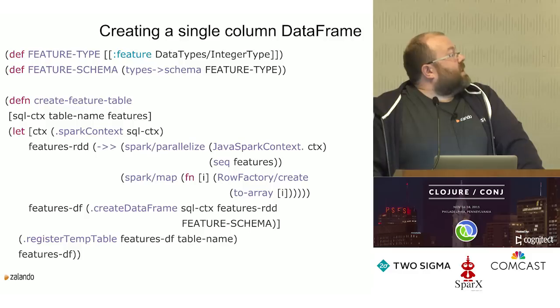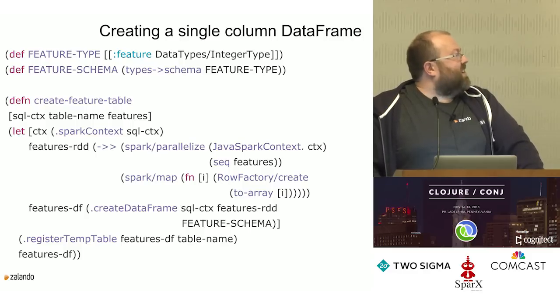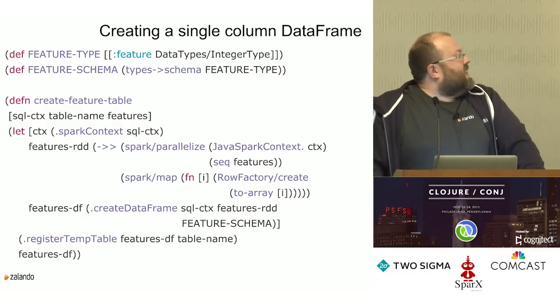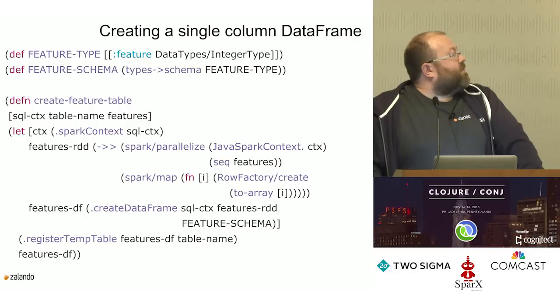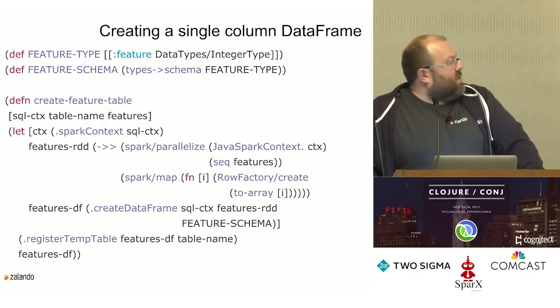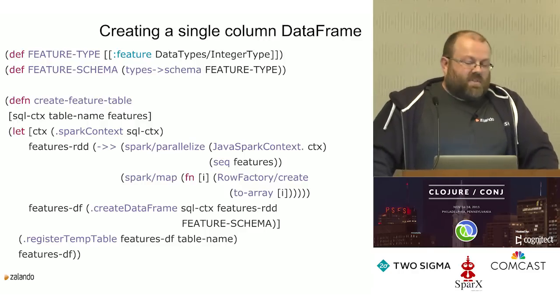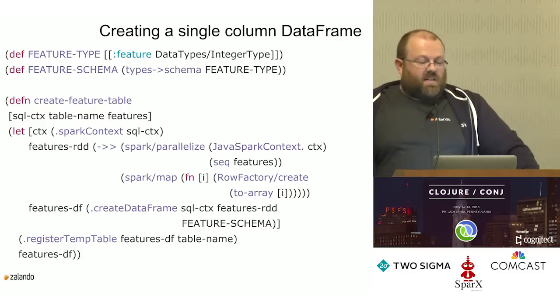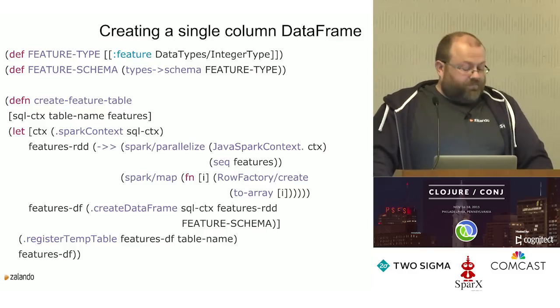I then basically have to create a row from the features, and then from that RDD of rows, create a data frame with the features and the schema, then register it as a temp table, and then return it. So some of this verbosity can get a little bit tedious.